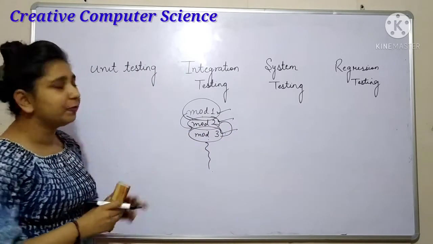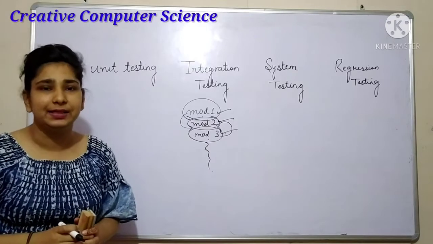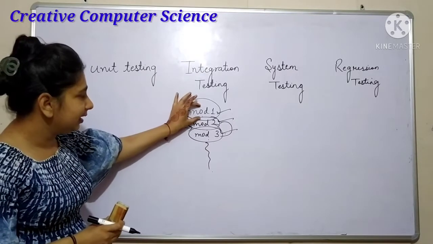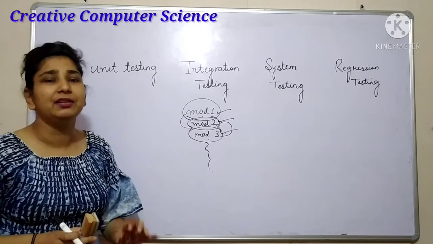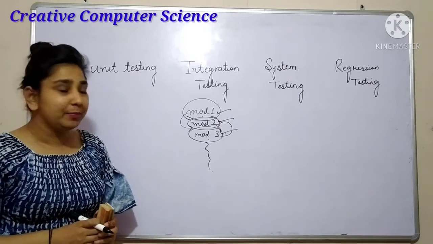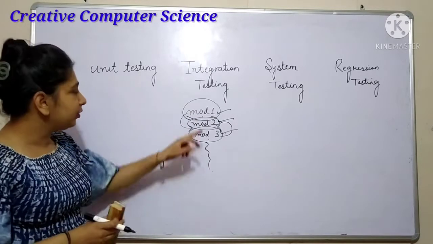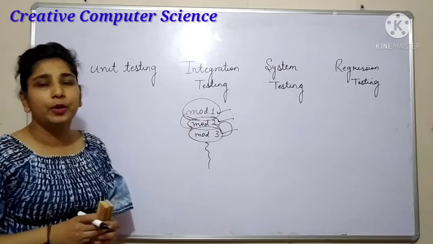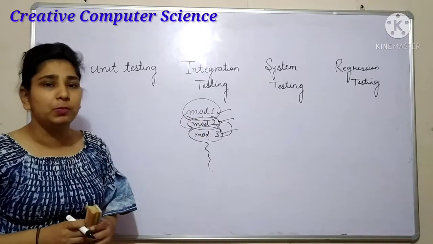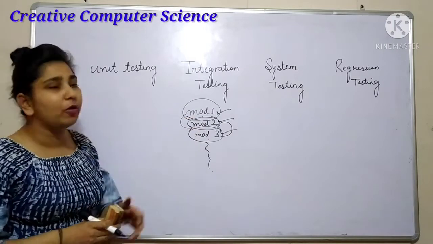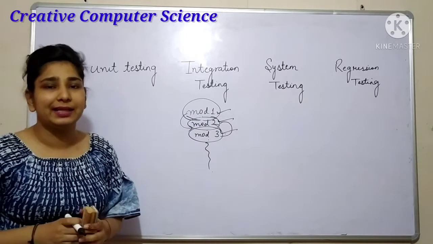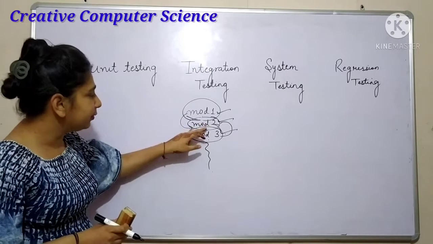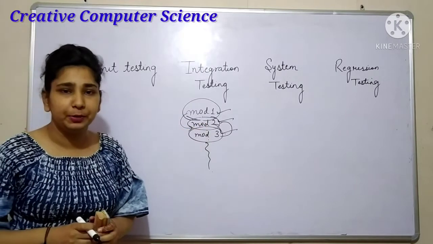As is clear from its name, in unit testing you are testing each and every module individually. But the problem is, if one module is dependent on another module, how will you perform unit testing in that case?